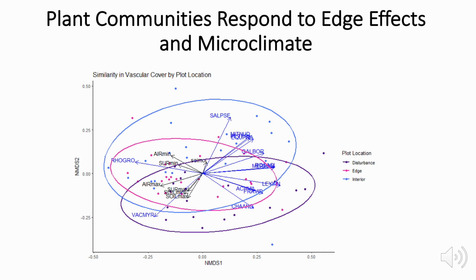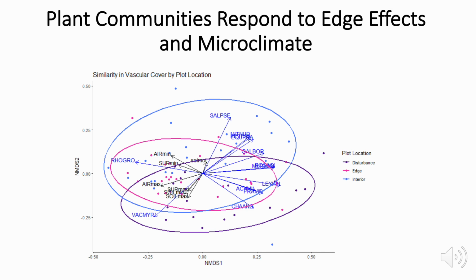The black temperature vectors do indicate a greater range in temperature inside the disturbance compared to the interior, as we just saw. But we're not seeing any super obvious effects of vegetation. Maybe Vaccinium myrtilloides is associating with the high temperatures of the disturbance.